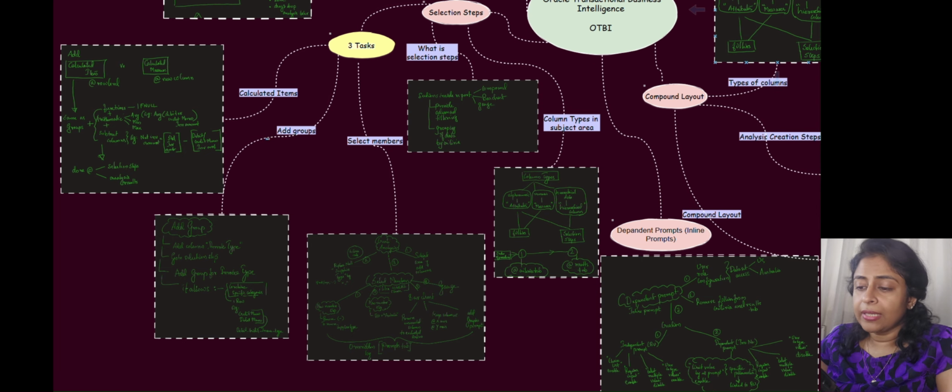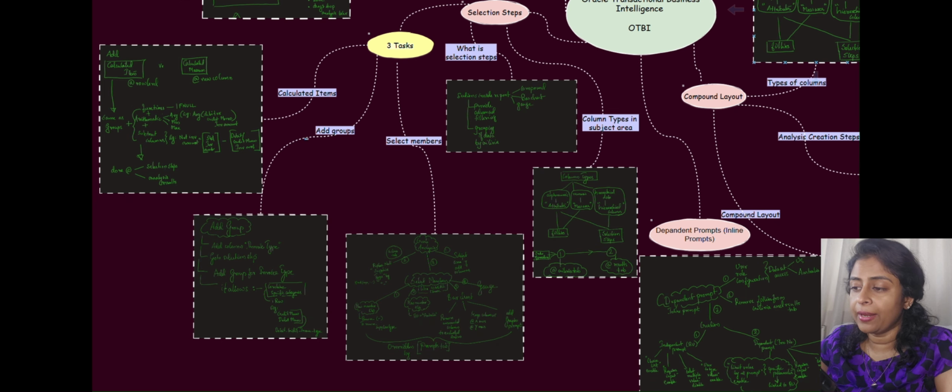Order of precedence in filtering. We have already discussed the column types in your OTBI analysis. Attributes contain alphanumeric and date data. Measures hold your numeric data. Hierarchical columns contain structured data with a parent-child relationship. Now let's see the execution order of filters versus selection steps. Oracle processes these in a specific sequence: filters are executed first and then selection steps.